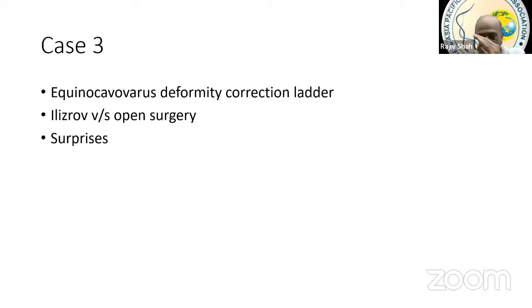If still it doesn't come, you can go ahead with posterior capsulotomy of the subtalar joint. If still it doesn't correct the deformity, you may add a plantar fasciotomy to it. Then if still it doesn't correct the deformity, you go in for partial talectomy and calcaneotibial fusion. If that also fails to correct the deformity, you go in and do total talectomy and calcaneotibial fusion. So this is the ladder of equinovarus deformity correction.